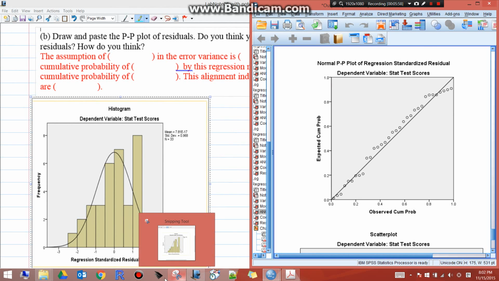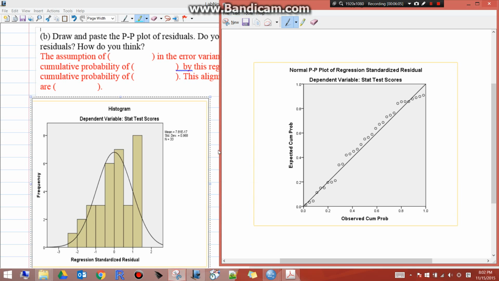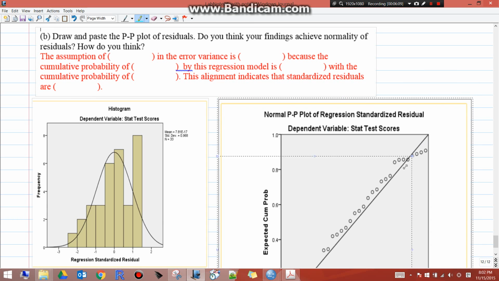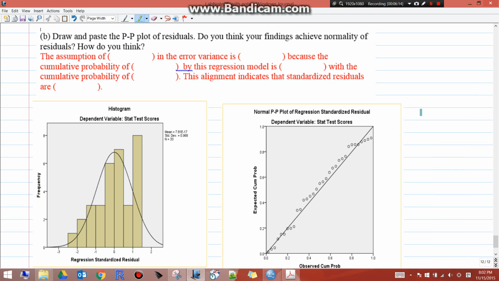The PP plot is a probability plot, the cumulative probability plot, right? Okay, we have two plots here. So first, even though this part is a little bit off from the normal distribution, overall the errors are normally distributed, except for this part.